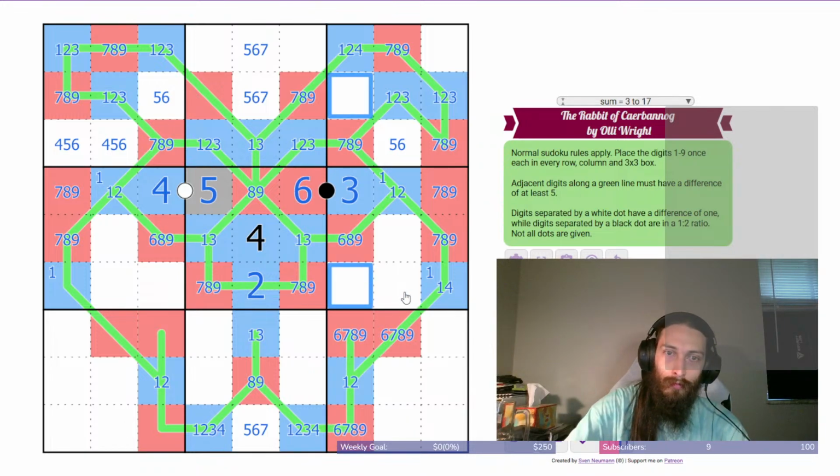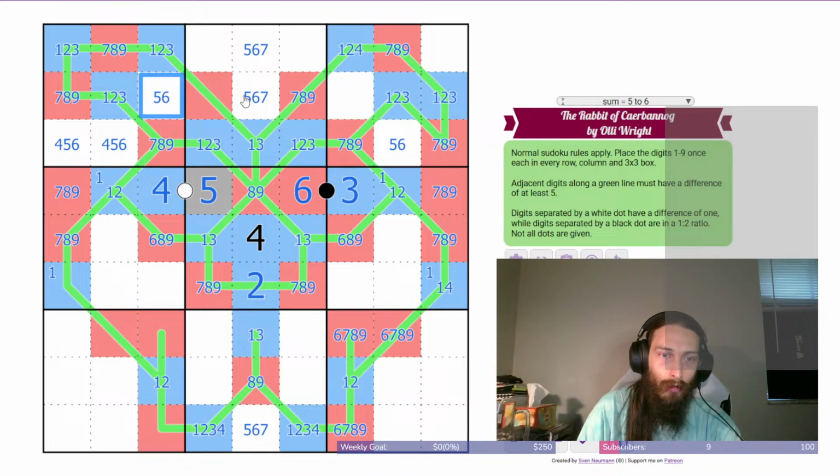Row 2 needs a 4. So that's not there. Can't go here, and it can't go here. You can't put it in either of those.